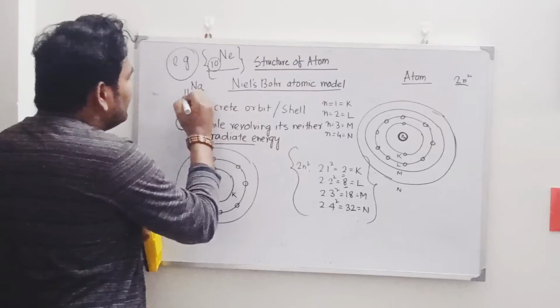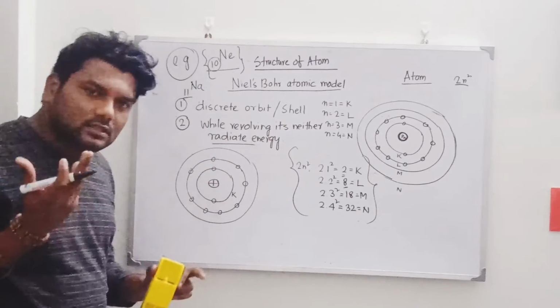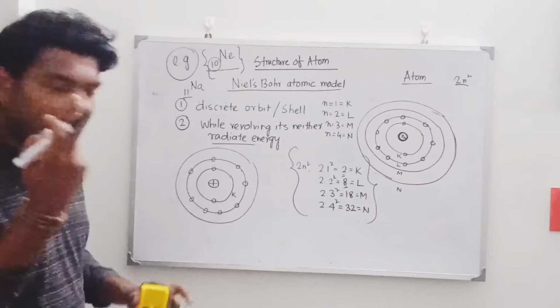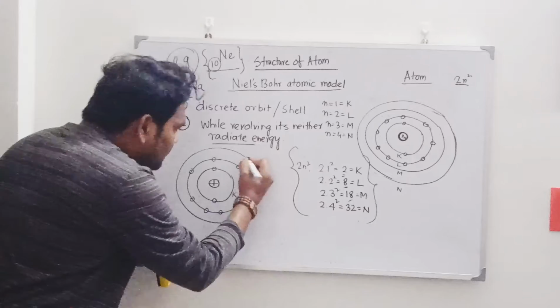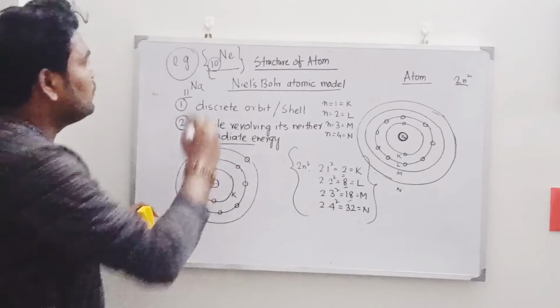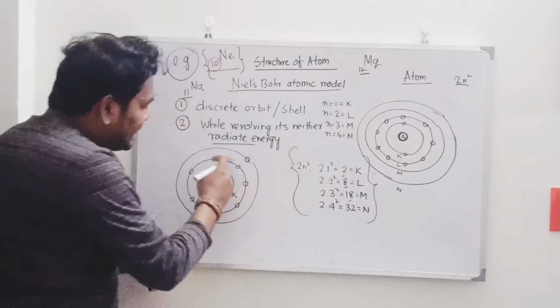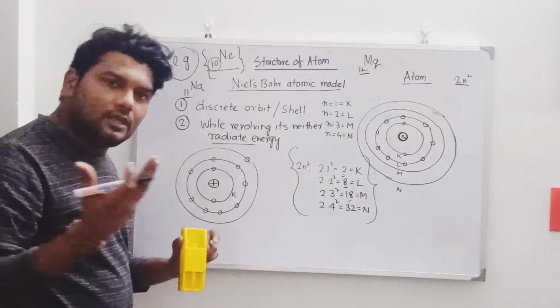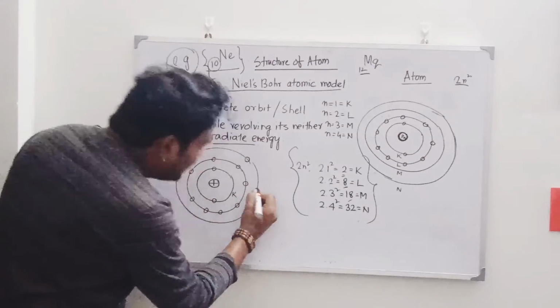Now I am taking sodium. Sodium is 11. It goes up to neon in the same way, and the extra electron, 1, goes to the M shell. For magnesium, that is 12, the number of electrons left is 2, so again in the M shell.